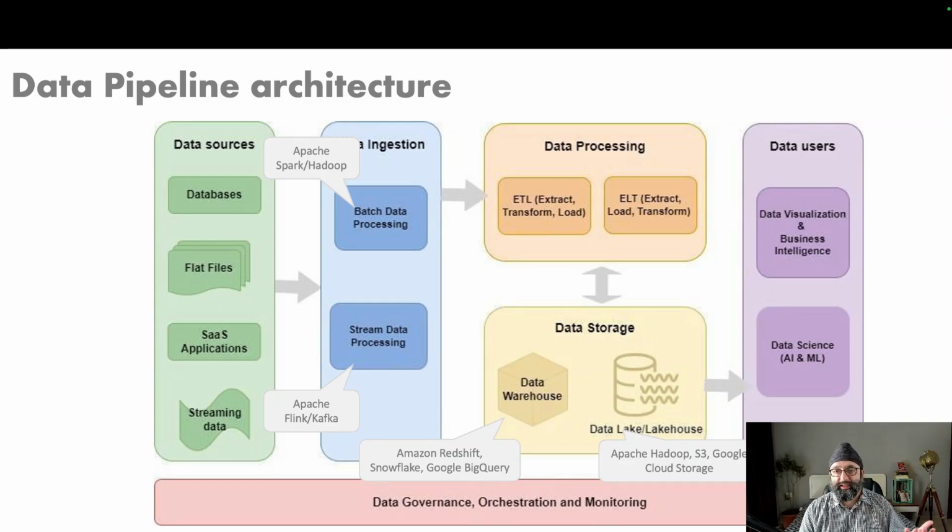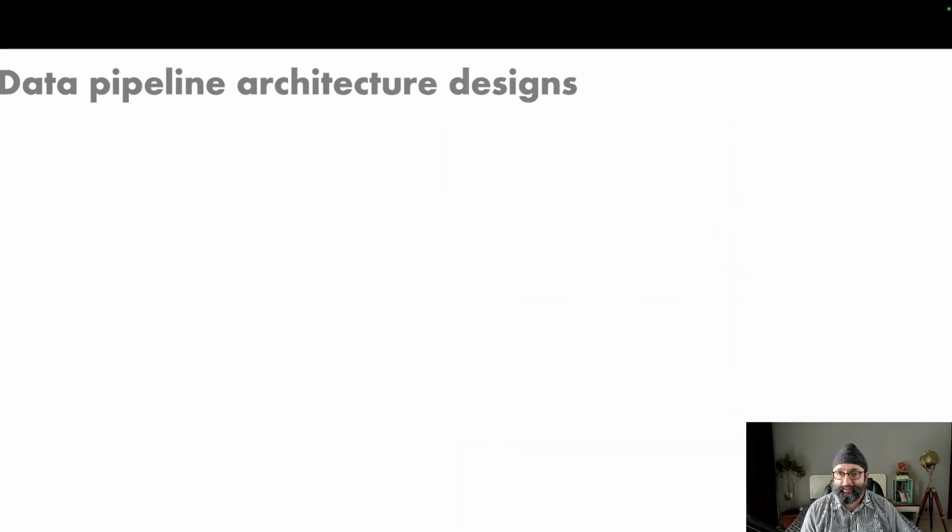Those are also used as data lakes other than the specific proprietary solutions. In the governance orchestration, you have the orchestrators like Apache Airflow, NiFi. There are several others as well. And in the monitoring, we all know of ELK, Elasticsearch, Logstash, Kibana, Grafana, and there's Splunk and several others in this area.